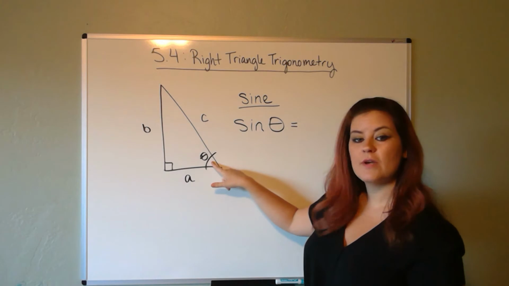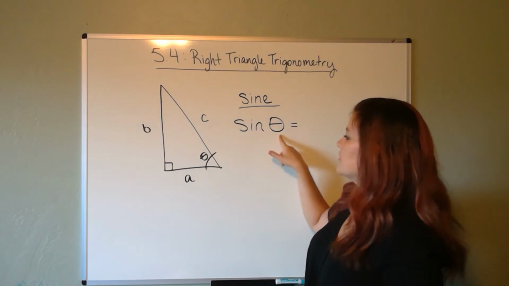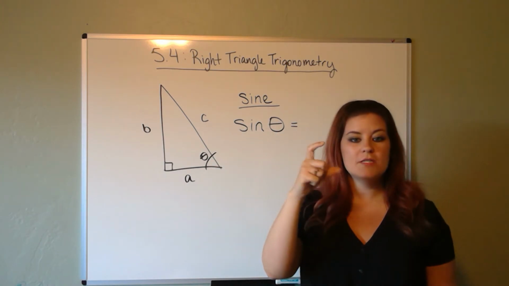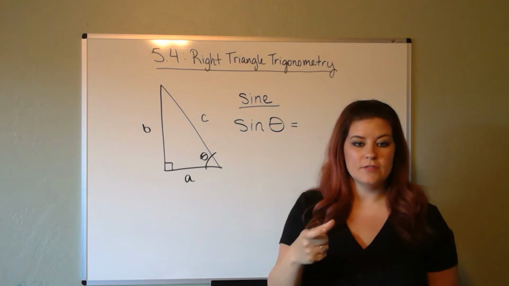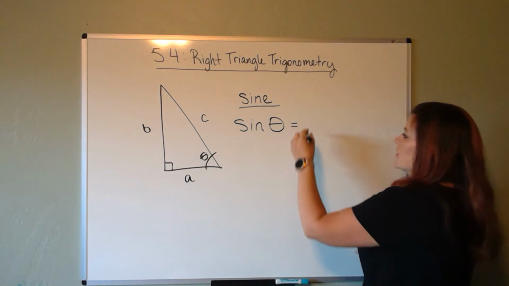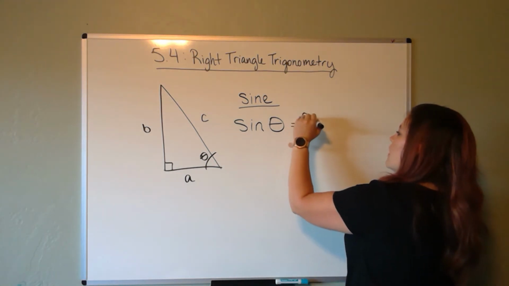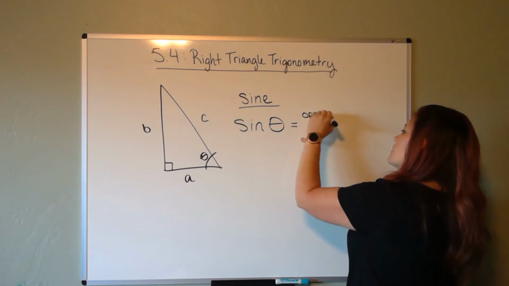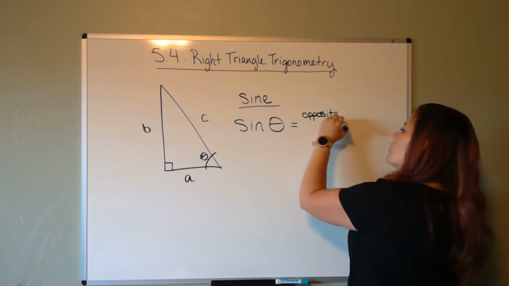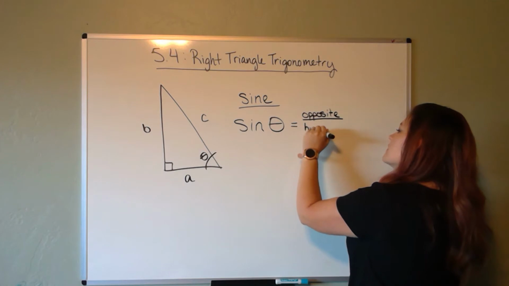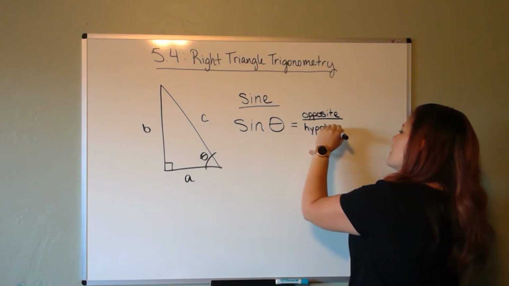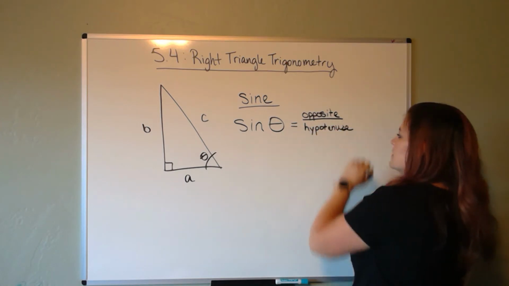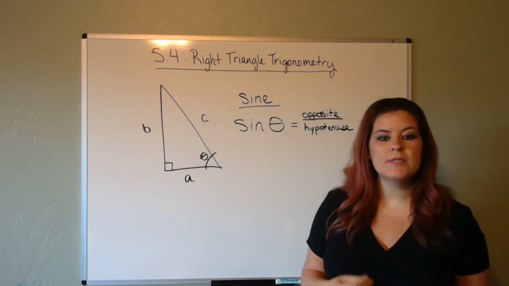the sine of theta is actually a ratio of 2 of the sides of the triangle. Sine theta is always opposite over hypotenuse. So we know what the hypotenuse is, we know how to find it, but let's talk about what it means to be opposite.